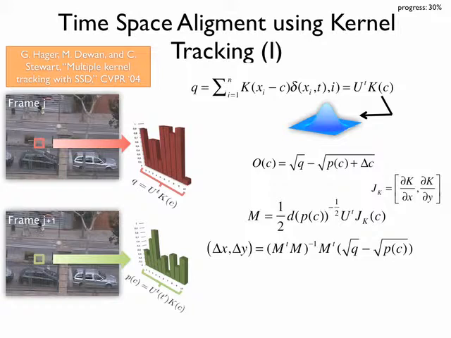In order to do so, we make an approximation by Taylor series, and we take the derivative of the kernel with respect to x and y. Then we find the increment of x and y in the new frame.